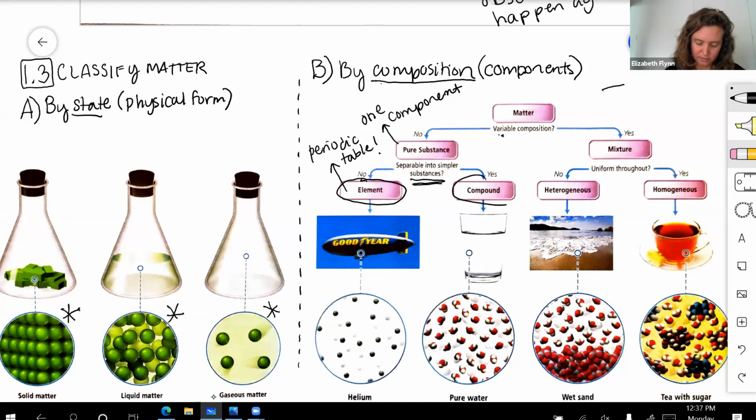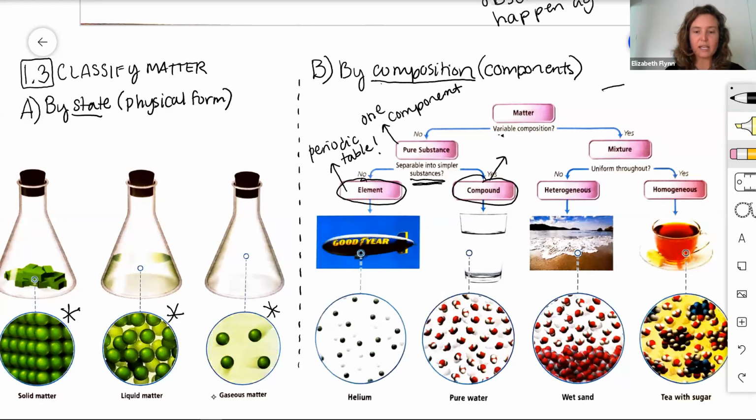And a compound is two or more elements bonded together, two or more different elements bonded together. Okay, so that's the key there, that it has to be different.